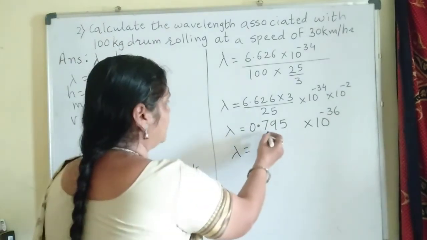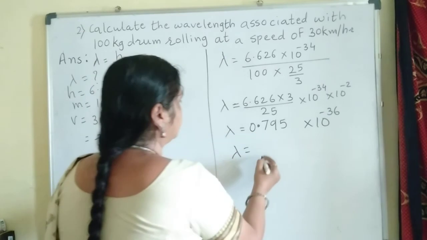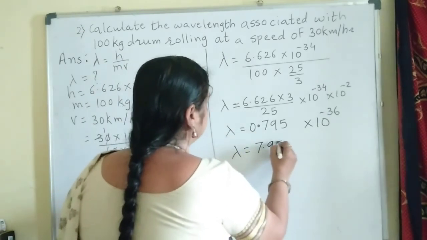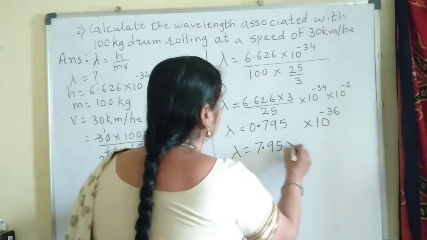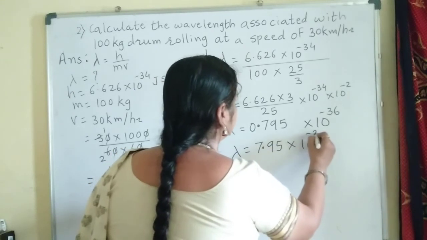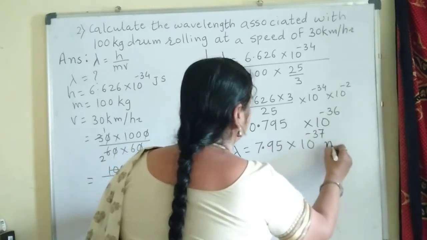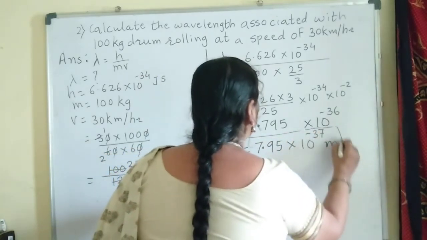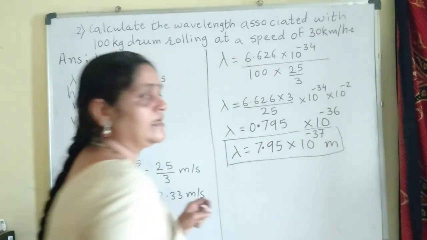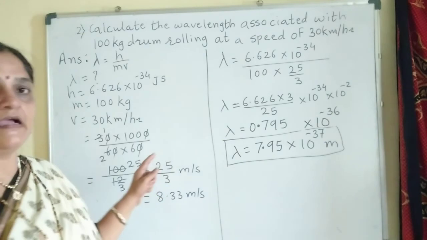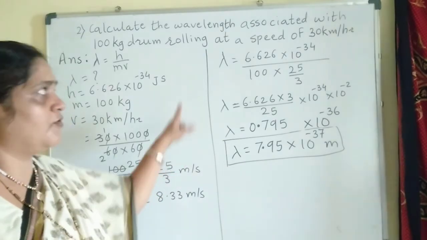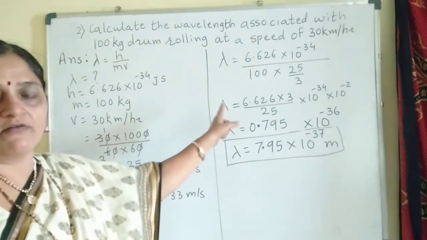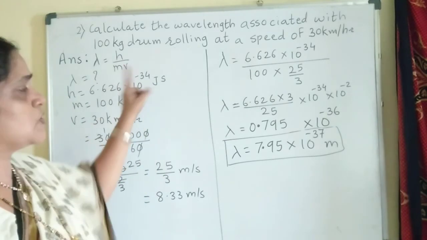So this decimal point moves one place, that is, it comes after 7. So it will be 7.95 into 10 raised to minus 37 meter. This is the value of the lambda associated with the rolling drum. So everybody understood the concept, how you are going to calculate the value of lambda for the rolling drum.